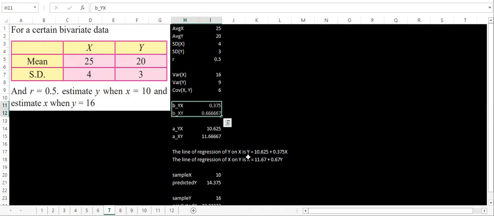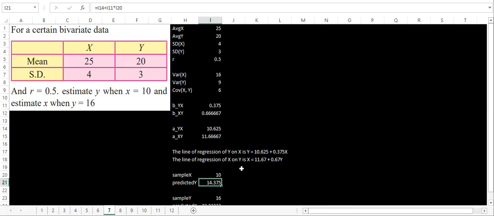And once you have the lines of regression, x on y is this, and y on x is this, and you can plug in the value of x as 10 to get a predicted y value of 14.375. So that's the answer for the first part. When x is 10, we can predict that y is 14.375 something.